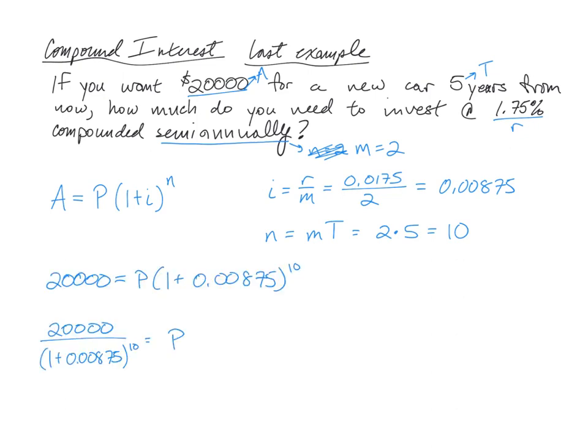So here it is again. I substituted all of the numbers into the correct places. A is 20,000, I is this, N is this, as I just mentioned. Then if you want, you can just divide right away by anything that is not P to get this expression. And when you actually divide those two numbers together, you will get $18,331.35.